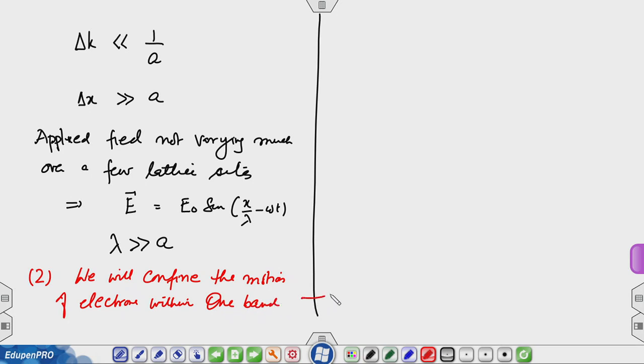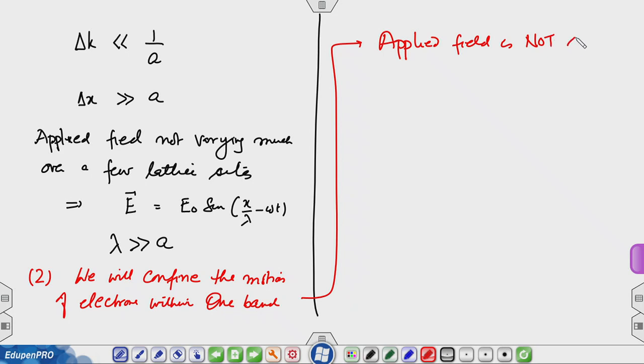What does it mean in terms of the applied field? It means the applied field is not strong enough to cause transitions between the bands.